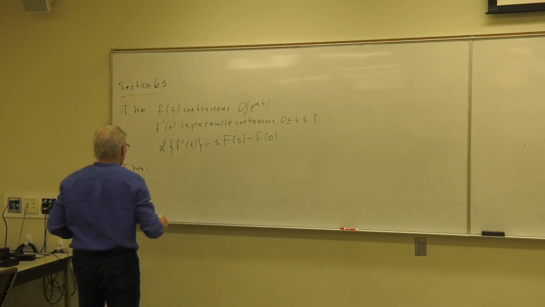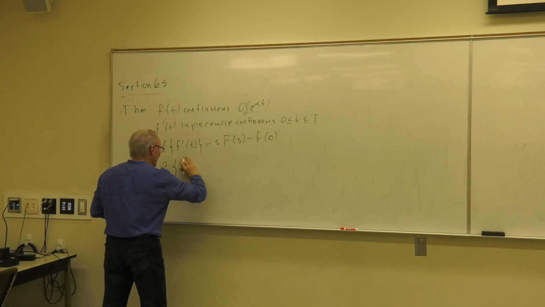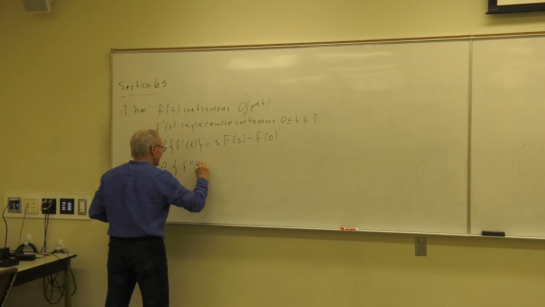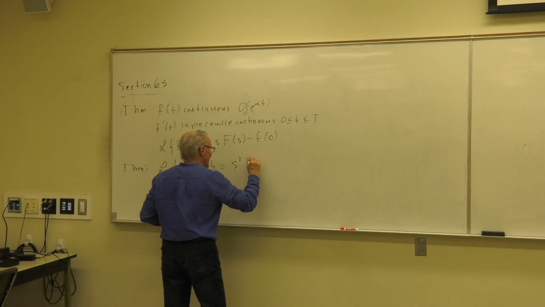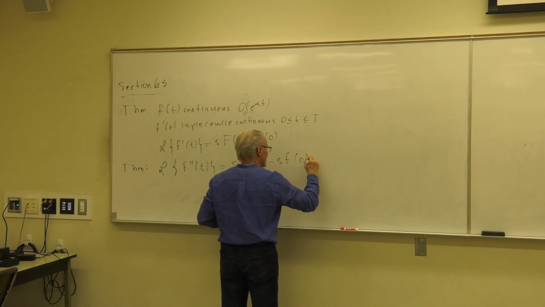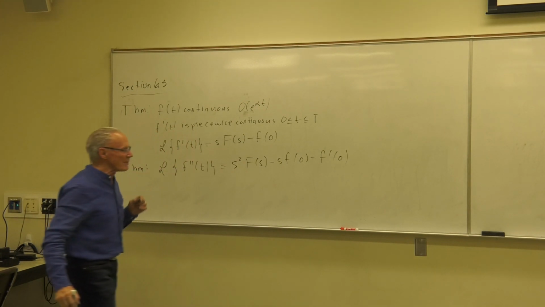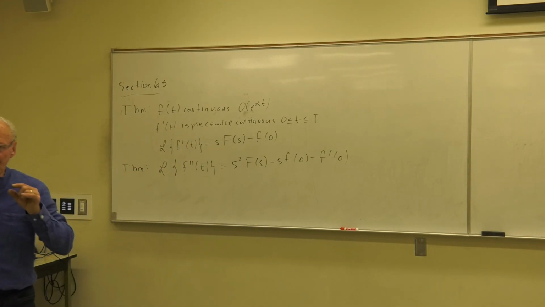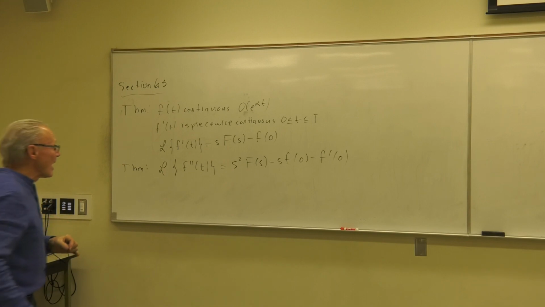It says that the Laplace transform of f double prime is equal to s squared F of s minus s f of 0 minus f prime of 0.